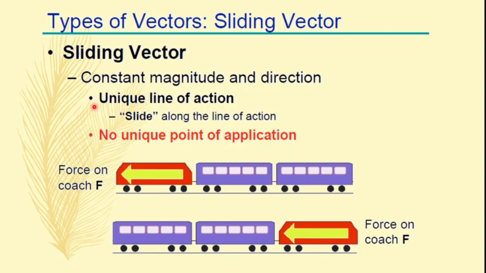Means the force can act anywhere within the line of action. That is why there is no unique point of application. The line of action is unique, but there is no unique point of application. And the vector can slide along the line of action.